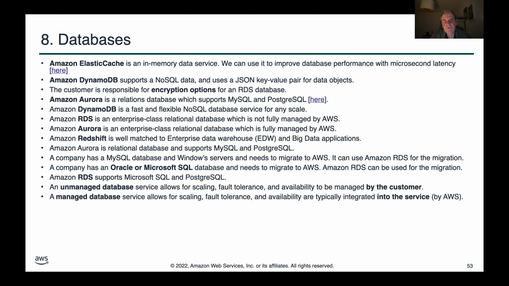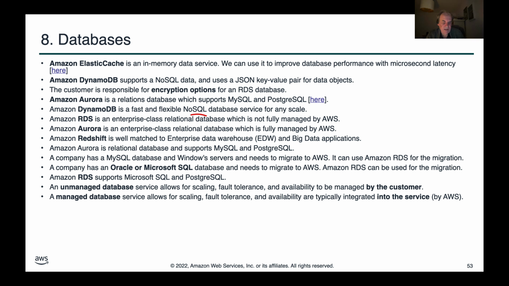Aurora is responsible for MySQL and PostgreSQL. As I said, Dynamo is a NoSQL database approach where we can add columns, where in a relational database it's very difficult to change the basic structure of the data infrastructure, the schema.